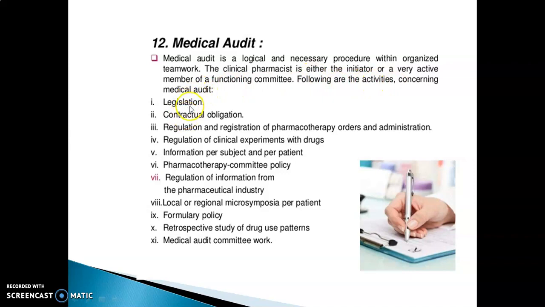So first is legislation, contractual obligation, regulation and registration of pharmacotherapy orders and administration, regulation of clinical experiment with drug, information per subject and per patient, pharmacotherapy committee policy, regulation of information from the pharmaceutical industry, local original microsymposia per patient, formulary policy, retrospective study of drug use patterns, medical audit committee work.